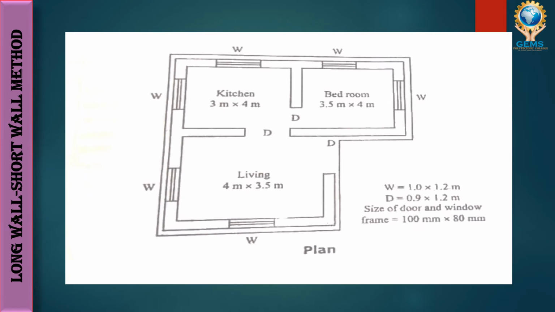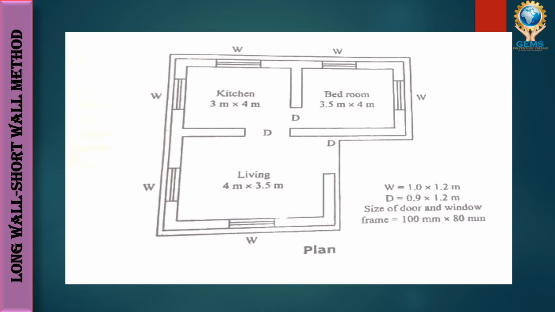So this is the plan of the building: kitchen, bedroom and living room. The dimensions are given, then the window dimensions, then the door dimension. The size of the door and window frame is given as 100 by 80. If there is any need for deducting or adding sill values, door or window sill, usually for windows, for that we need to take 100 as breadth.